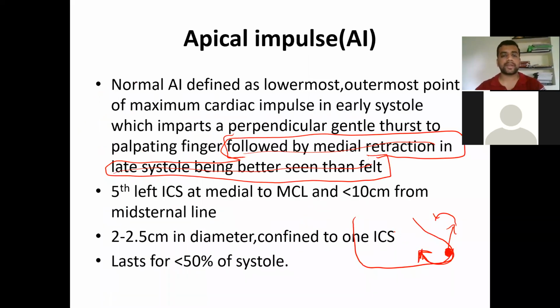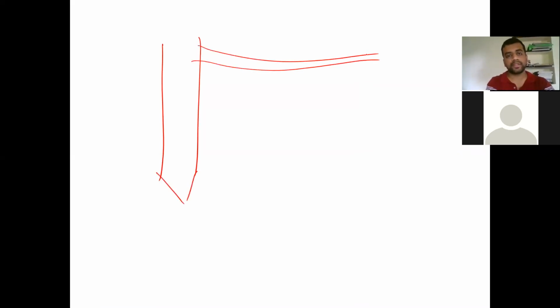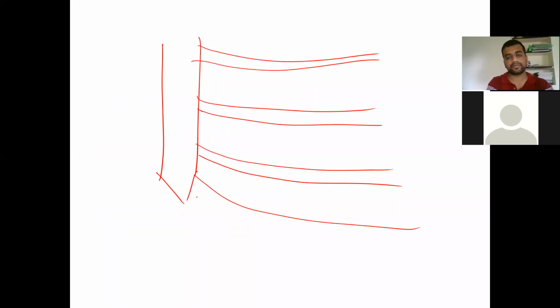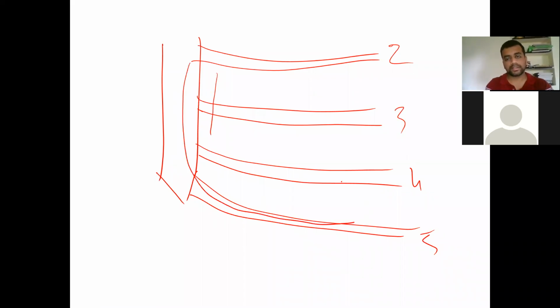Coming to the apical impulse, it is normally located as follows. If you take this as your sternum, this is your second, this is your third, this is your fourth, and this is your fifth intercostal space. This is the midclavicular line.